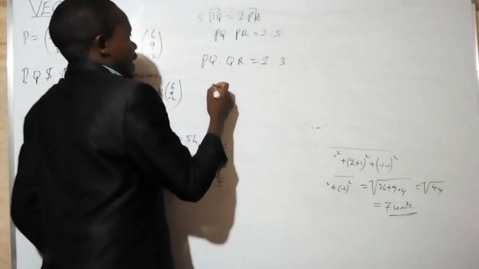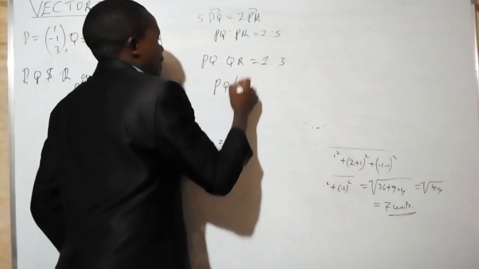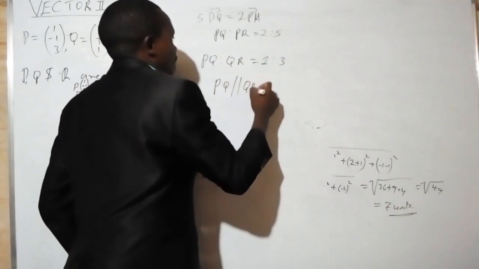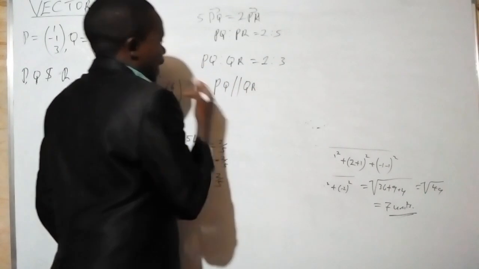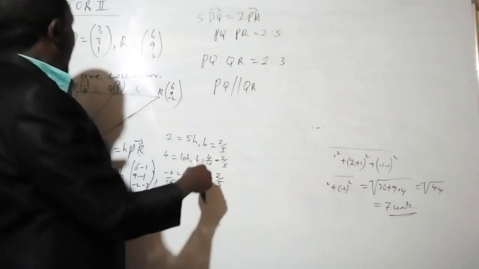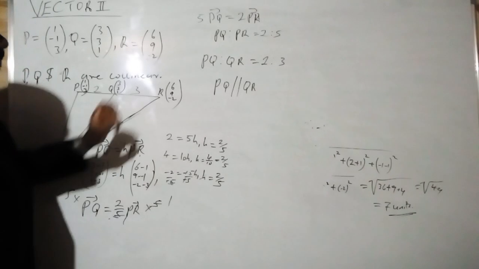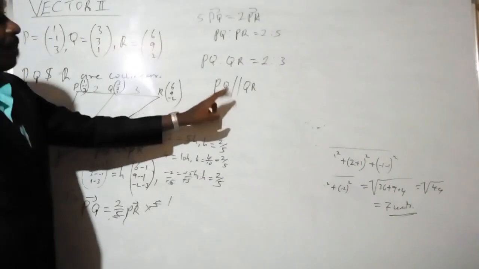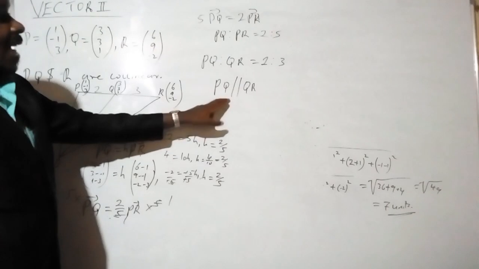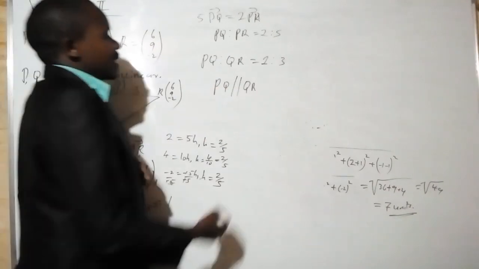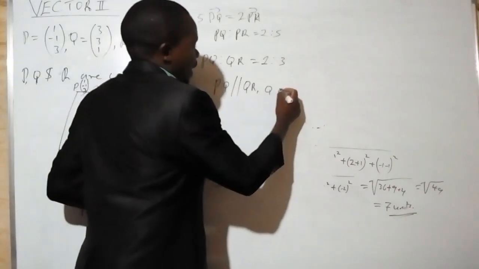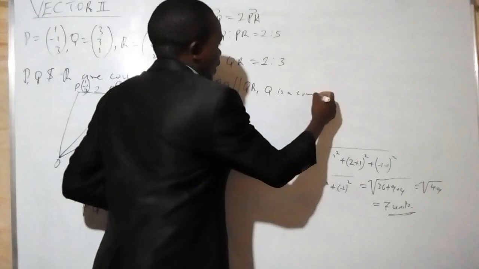PQ, QR, yeah, PQ, we are expressing it in terms of collinearity. PQ and QR, they are collinear. Say that Q is a common point.